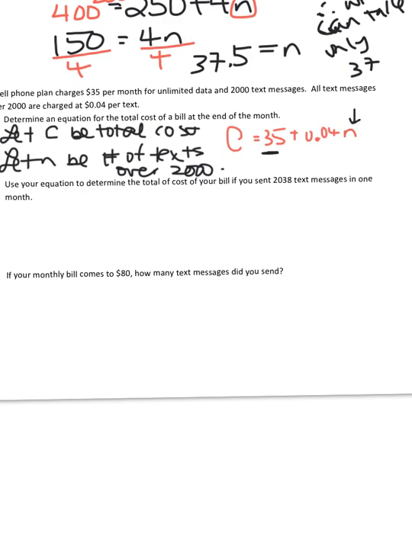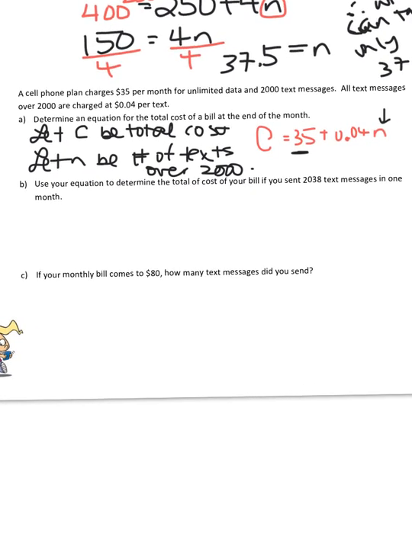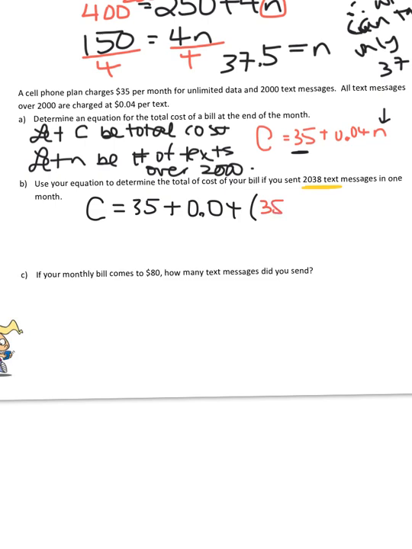So going to this first question here, it says use your equation to determine the total cost of your bill if you sent 2,038 texts. So I'm allowed to send 2,000 texts, but I can't get more than 2,000 for free. So if I go to my equation here, 4 cents times the over 2,000, so I'm 38 texts over the 2,000.